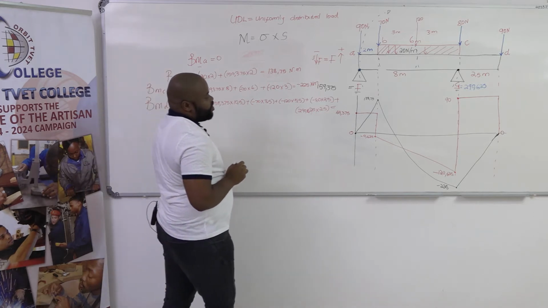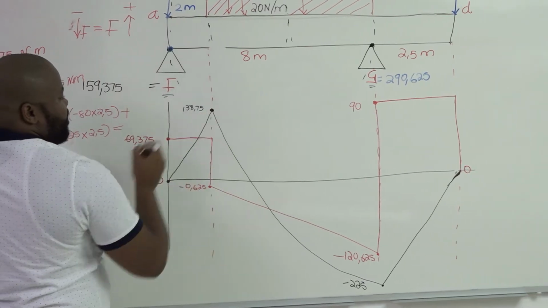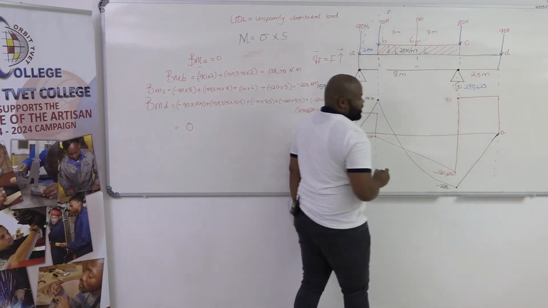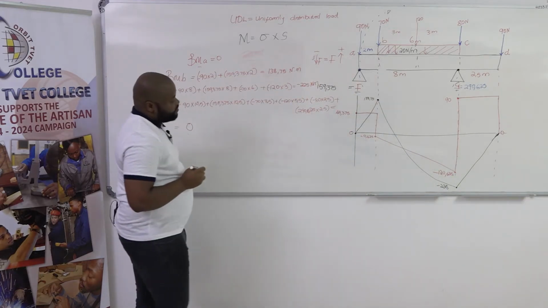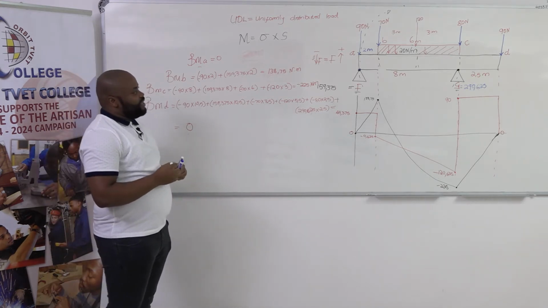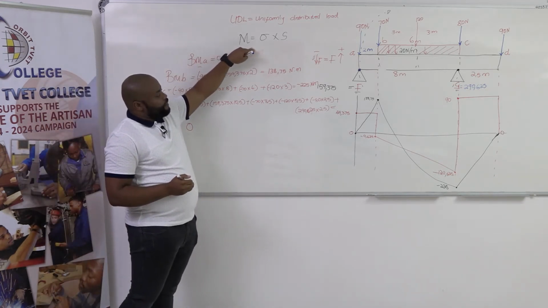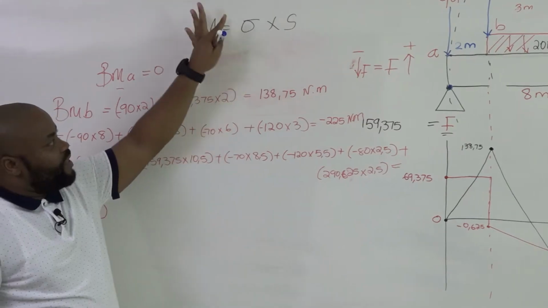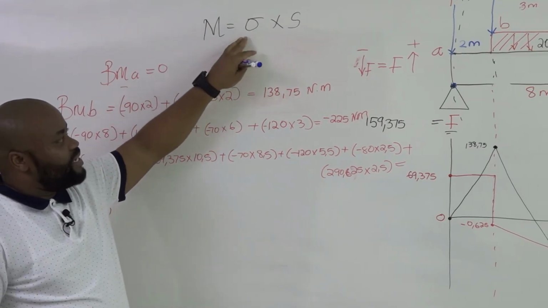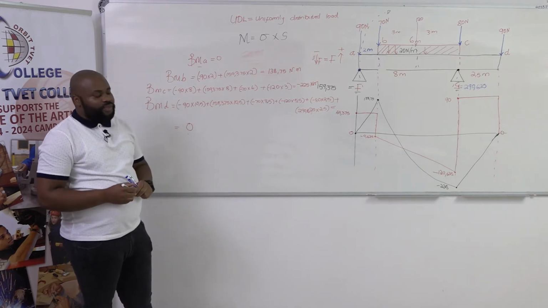So from this bending moment graph, we can now say this is our maximum bending moment and this is our minimum bending moment on the graph. So sometimes it happens that they say we have a formula of calculating the maximum bending moment of the graph, and it is given by maximum bending moment is equals to stress times the sectional modulus of the beam.